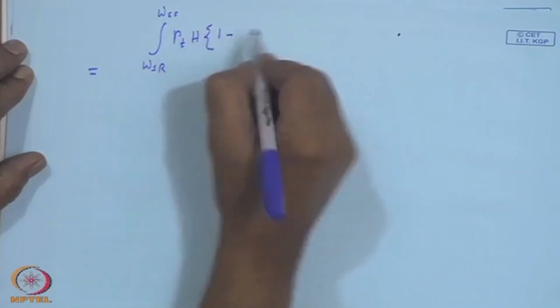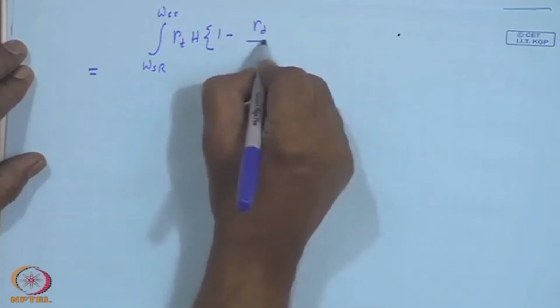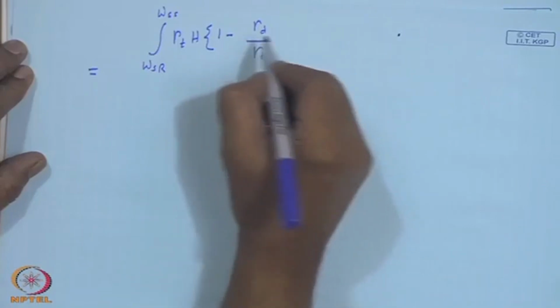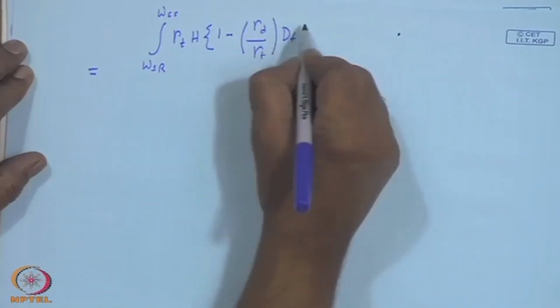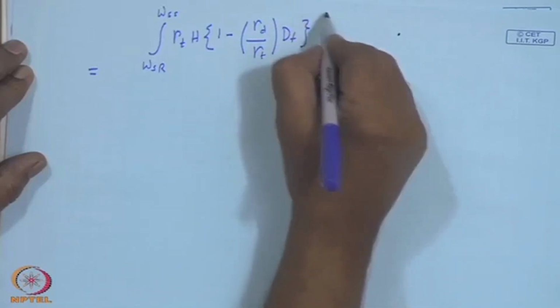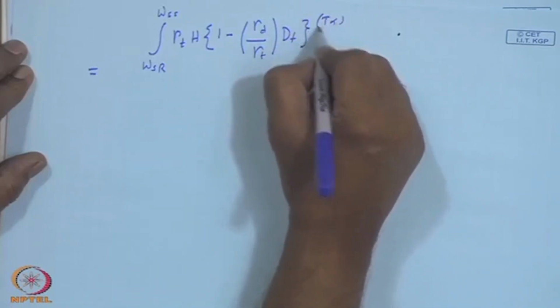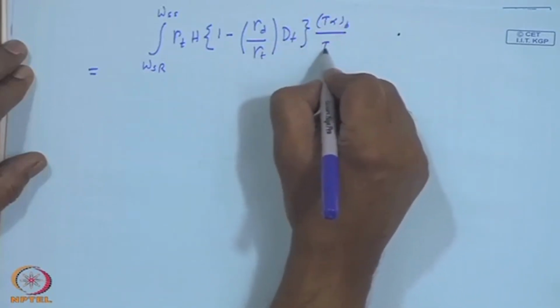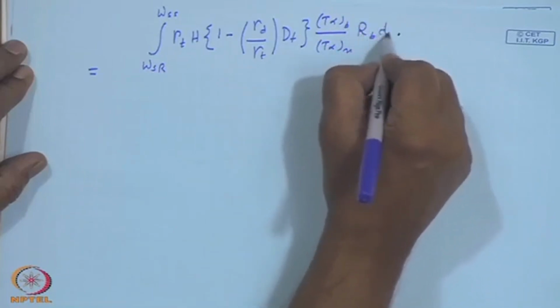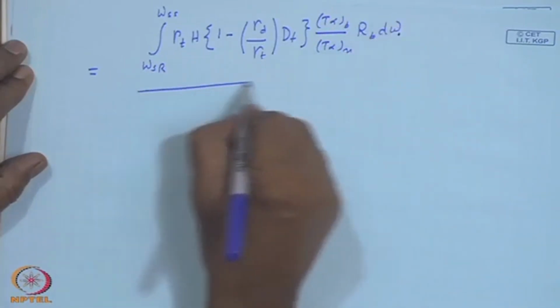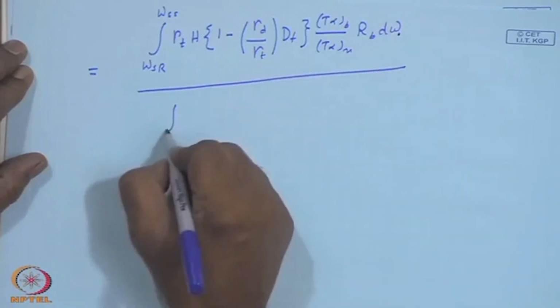So, I will get 1 minus R d by R t times d f, the daily diffuse fraction, multiplied by tau alpha b by tau alpha n R b d omega upon the tilted radiation.